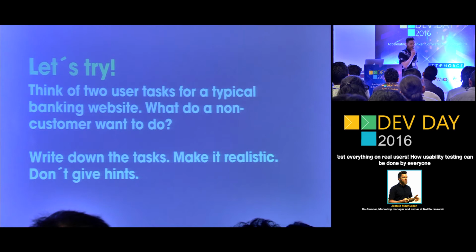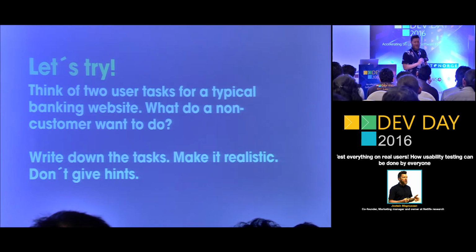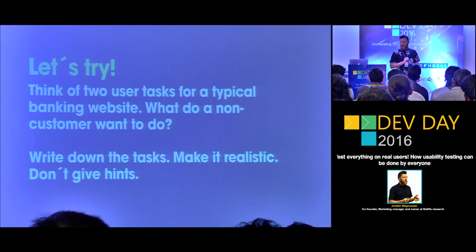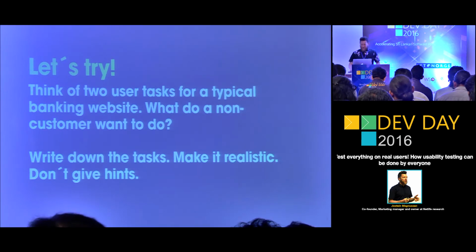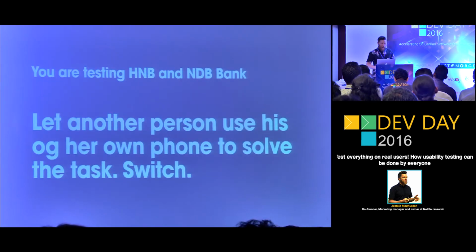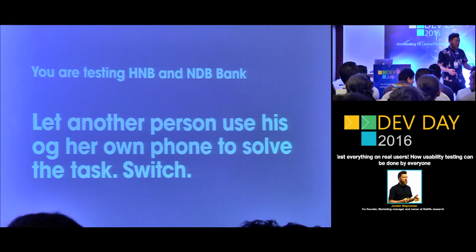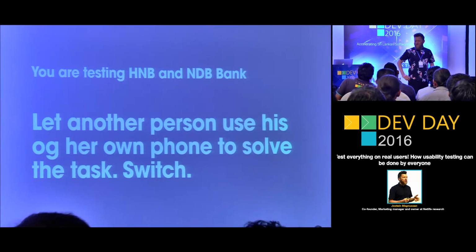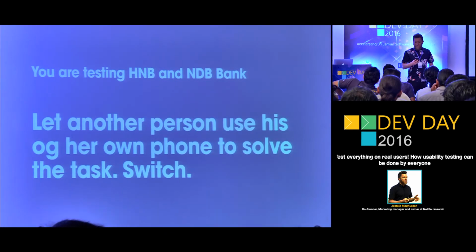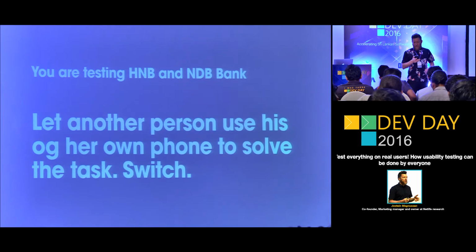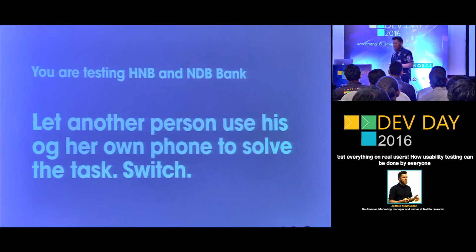So then you have to do your first usability test on your neighbor. And we are testing, you have to get your mobile phones out, and you have data traffic on them. If I use the mobile data traffic on my phone, I think it costs me like $7 per megabyte or something like that here.